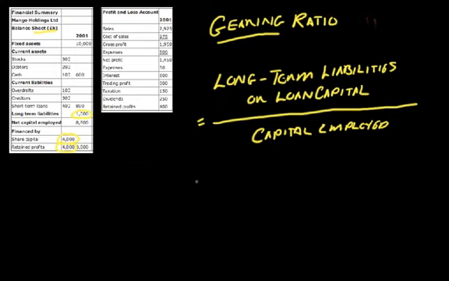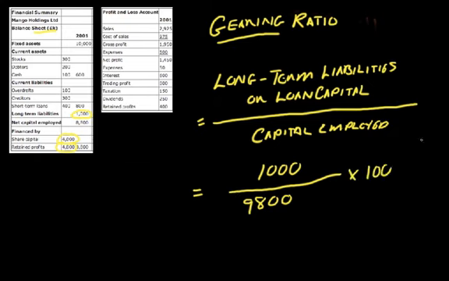So we're going to go ahead and write this out here. So our long-term liability in this problem is, and 9,800 is our capital employed. And we will multiply by 100. I'm going to put this in here because the answer is a percentage.